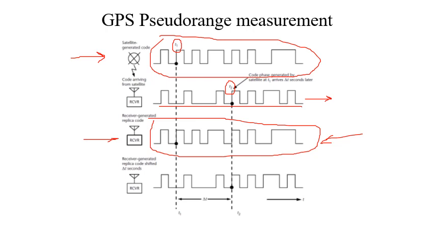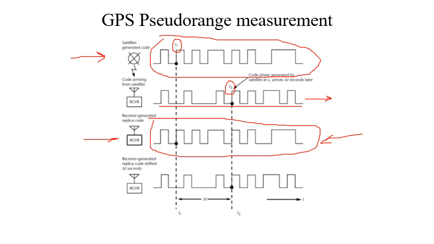I shift this signal on my replica signal, and in this way I can find when the satellite sent this signal. So I can find T1, as you see, the T1 location.